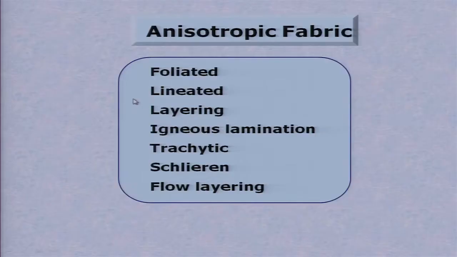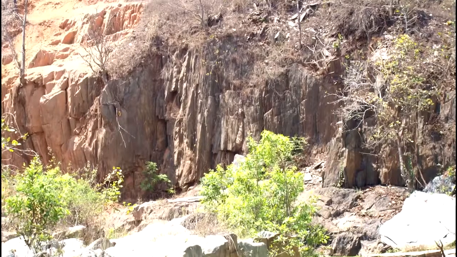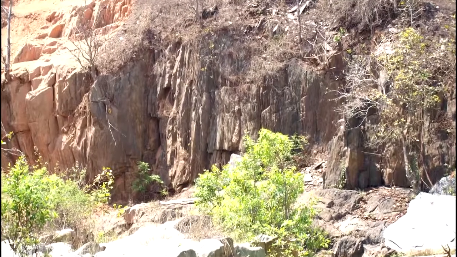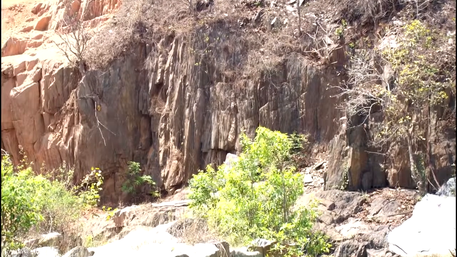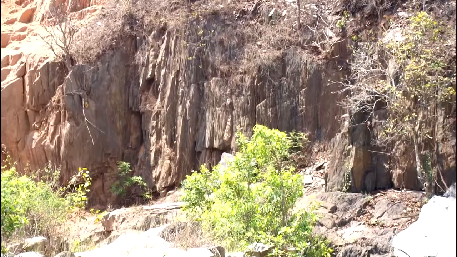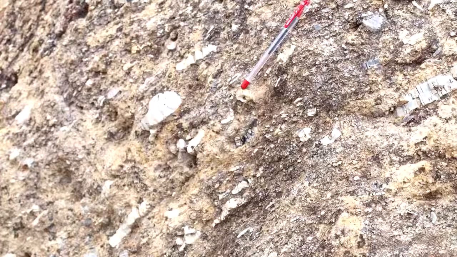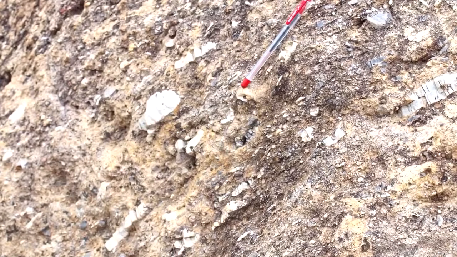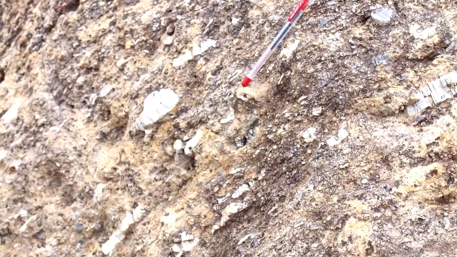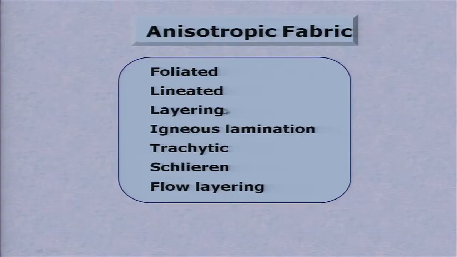What are the factors held responsible for the development of anisotropism in rock? These are foliation: because of foliation, we call it a foliated texture. Because of lineation, suppose some mineral grains are aligned along a line, the texture is lineated. Layering: suppose the magma is crystallizing; you may remember that magma behaves like an aqueous solution.